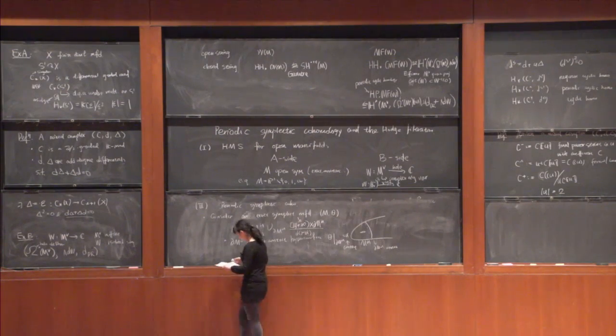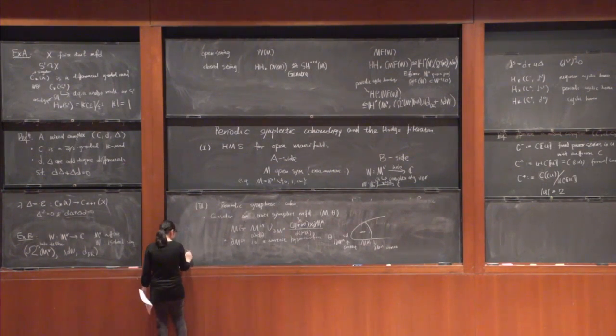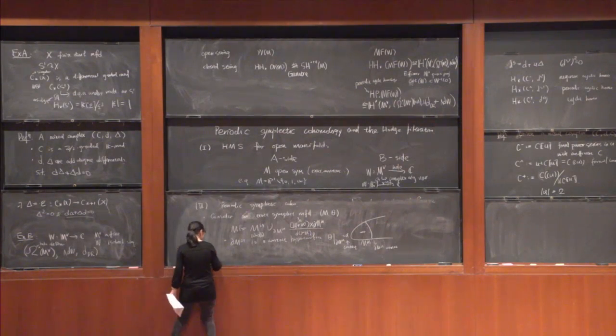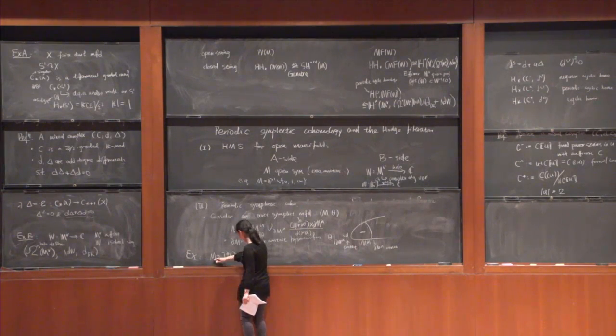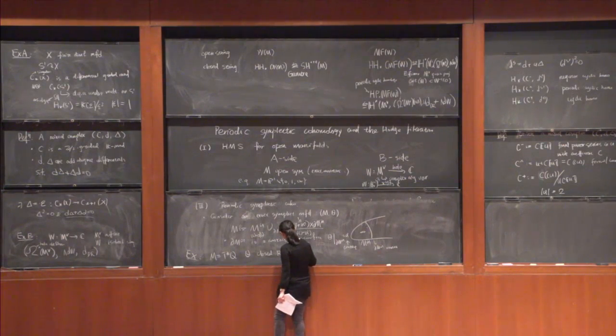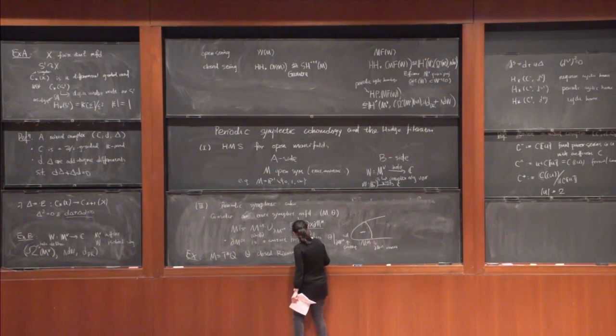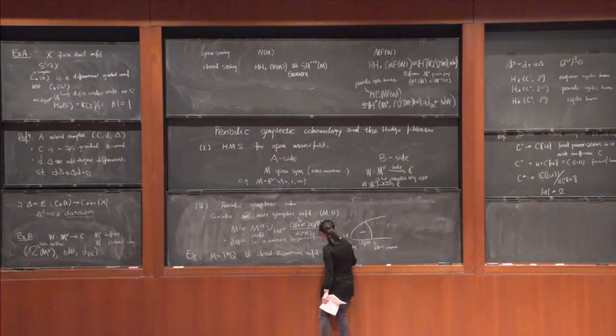Okay, so an example of such a thing, the easy example you can take is just M is a cotangent bundle of a closed Riemannian manifold, and theta is just the canonical one form.